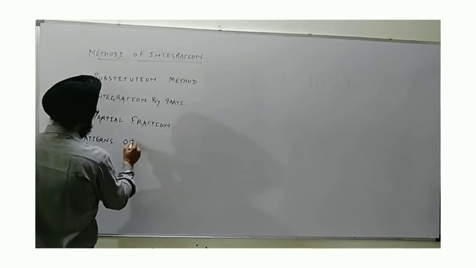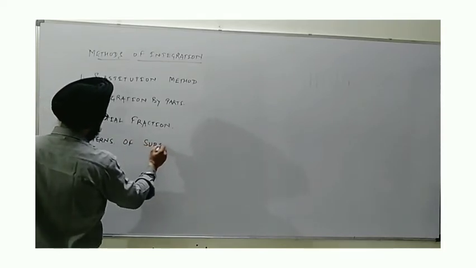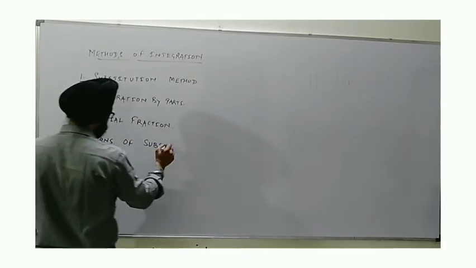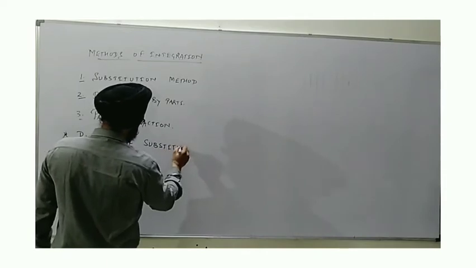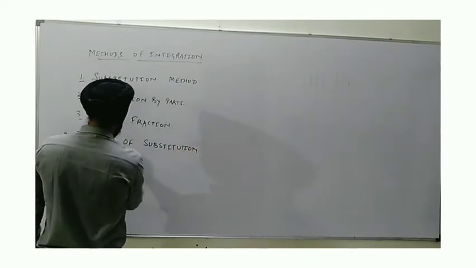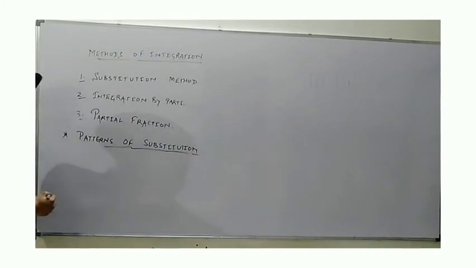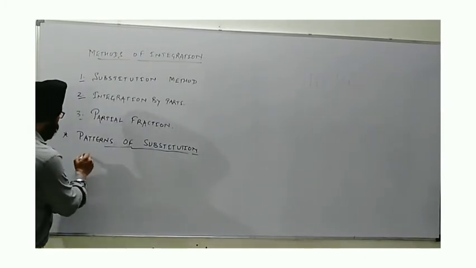Patterns of substitution, what are these? We see in what form the function is given. Like substitution, in general, you will see wherever you are given a function to be integrated.